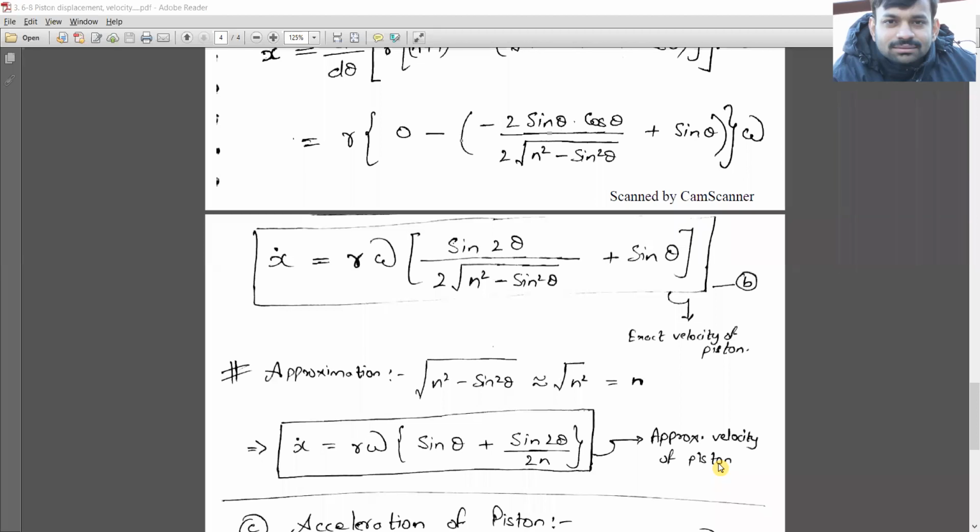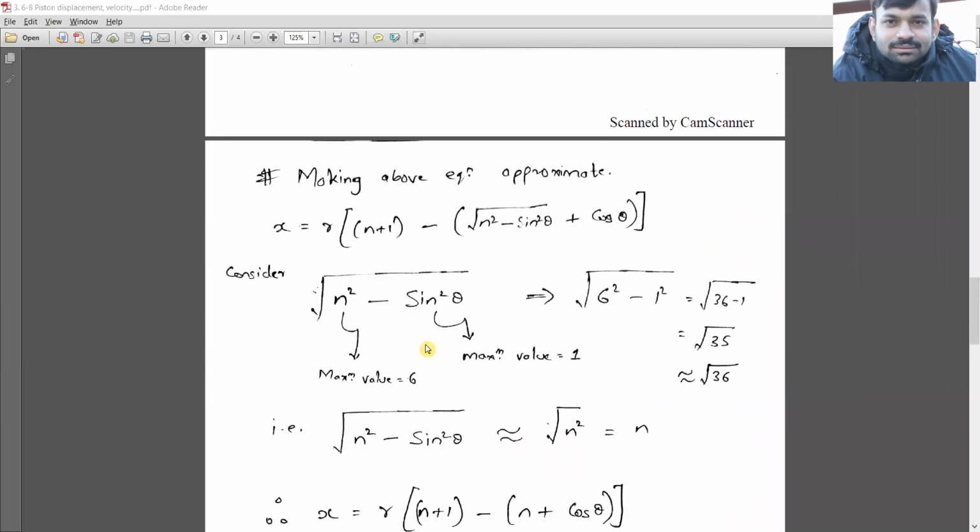But if in the question it is mentioned that you need to find the exact velocity of piston, then you have to use this equation, that is equation B. We cannot do this approximation then. All right, if the question says find the exact velocity of piston, then we have to go through this equation.